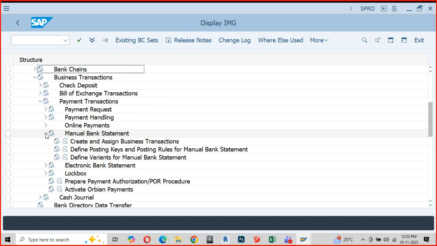We have concepts like your posting rules and your business transactions. What are your business transactions? Now you have various items which classify into whether you are adding to the cash balance or your bank balance, checks issued, checks deposited, checks not, something like that. All these are your business transactions.